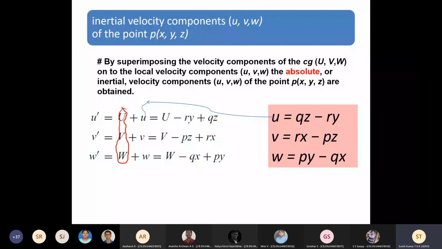Let us call those U prime, V prime, and W prime. What I'm trying to say is U prime is nothing but the velocity of the aircraft plus whatever we have derived. So you have two components.